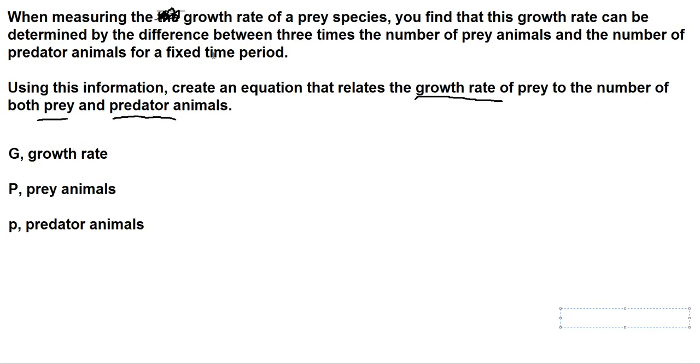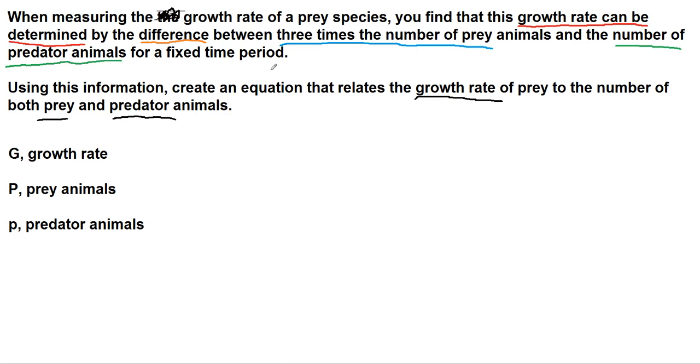we need to take a look at what we've been told about how they've been related together. So if you take a look at the very first paragraph here, you're told a number of relevant things. First of all, you're told quite explicitly that the growth rate can be found, which implies that the next part of the sentence is going to tell you how to calculate G. And in terms of calculating G, you're told that we're going to be taking the difference between 3 times the number of prey animals and the number of predator animals.